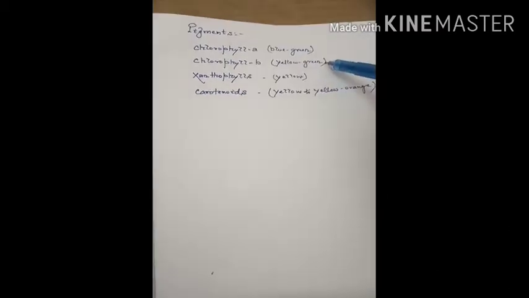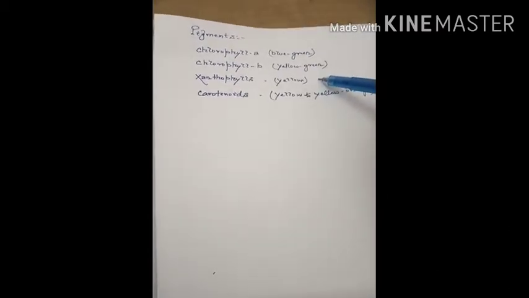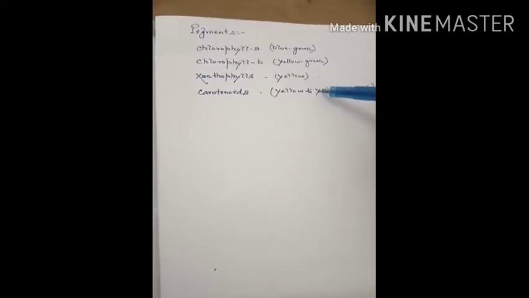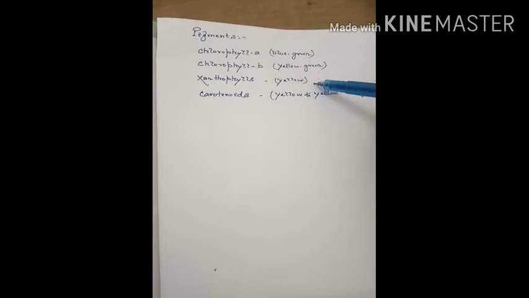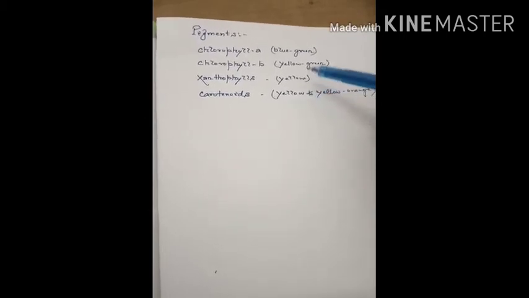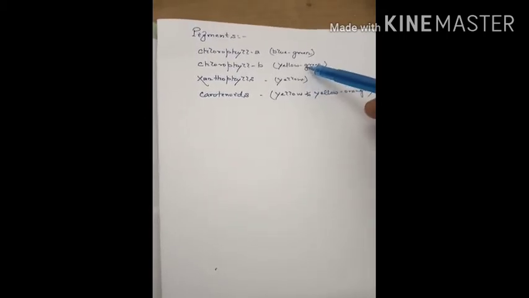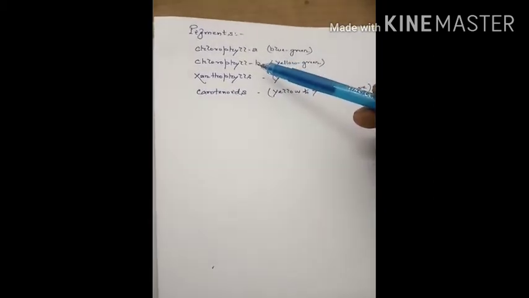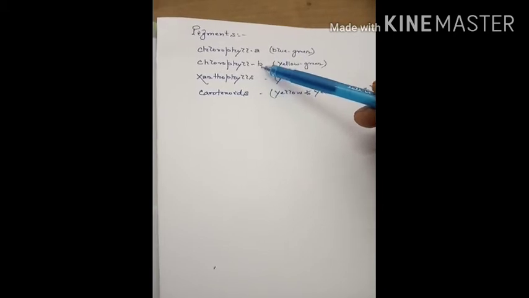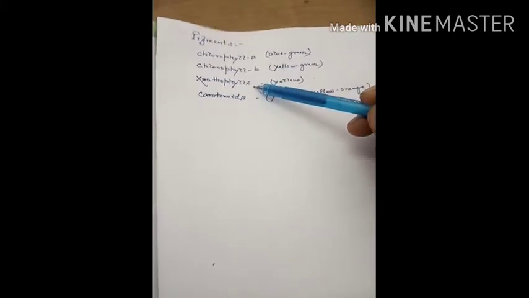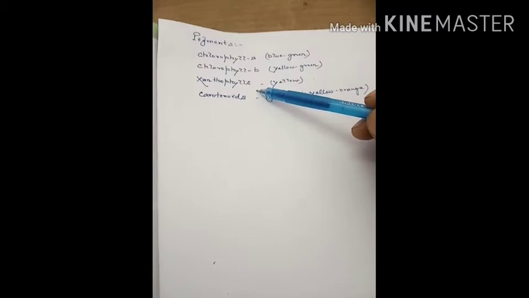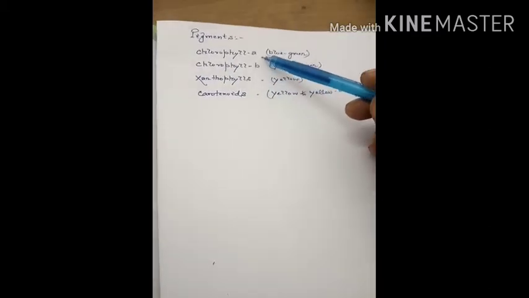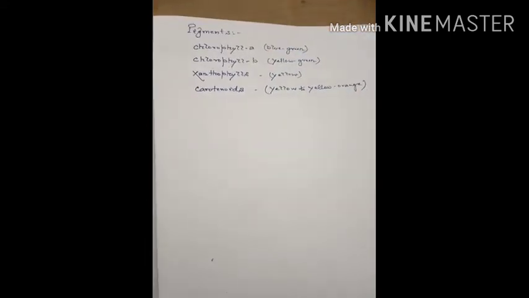The rest of these three, chlorophyll B, xanthophylls and carotenoids, are the accessory pigments, which help to trap the light energy and transfer it to chlorophyll A. These accessory pigments also prevent photooxidation of the chlorophyll A pigment.